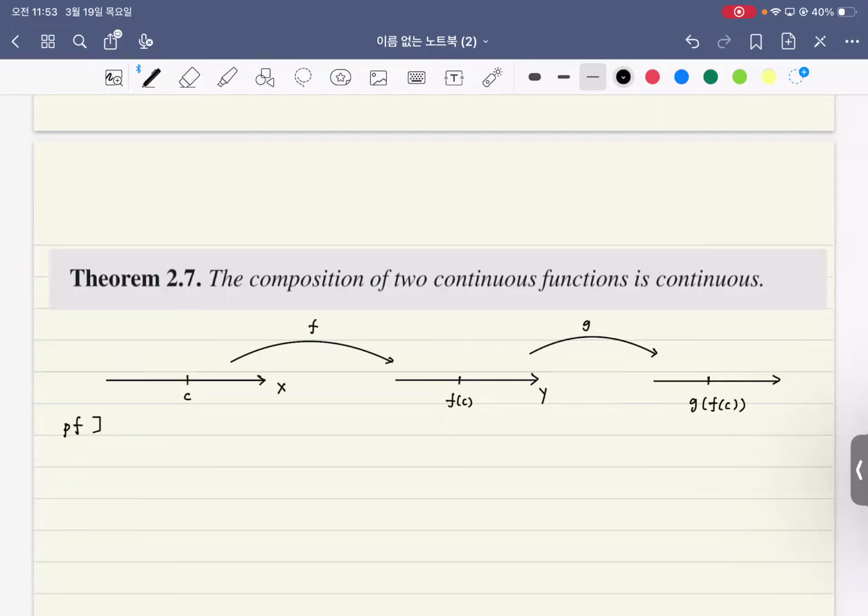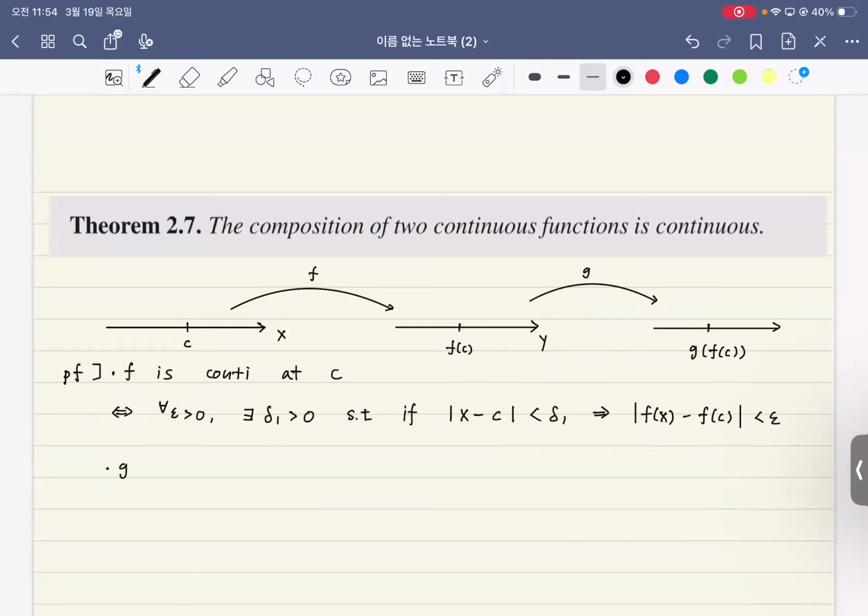Okay. f is continuous at c. So this means for any epsilon, there is a delta 1 such that if the absolute value of x minus c is less than delta 1, then the absolute value of f of x minus f of c is less than epsilon.